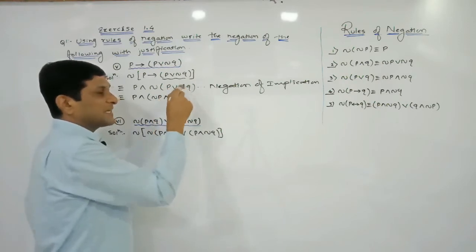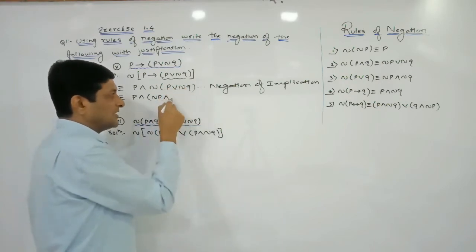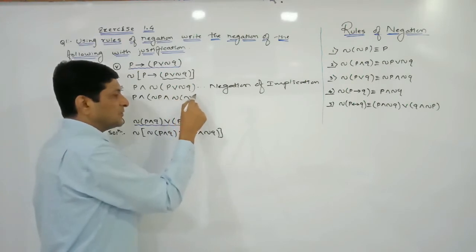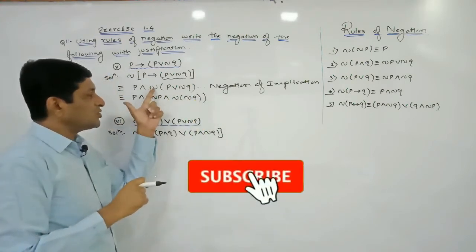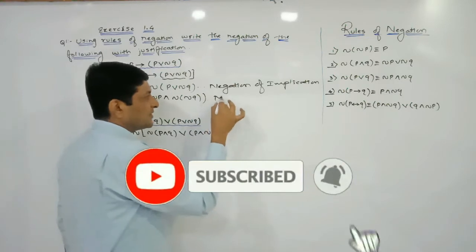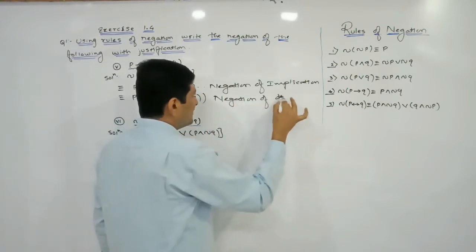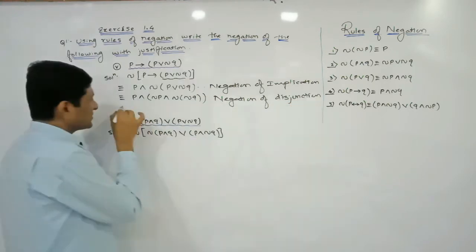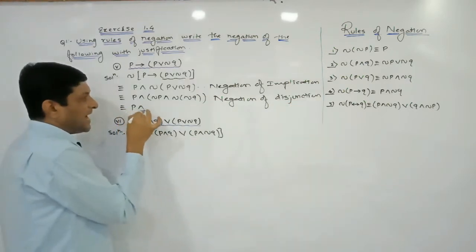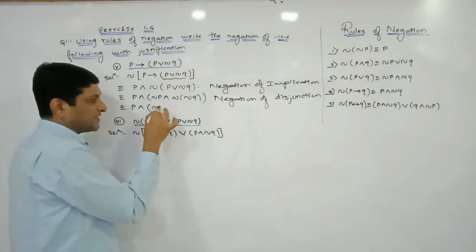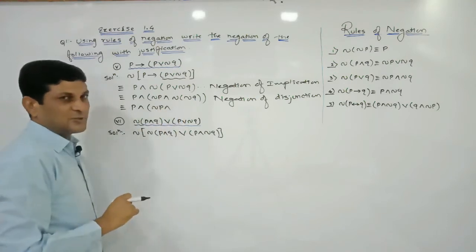"And", and replace the second letter also by its negation, means negation of negation Q. Here we have applied negation on "or", which is called disjunction, means we are finding negation of disjunction. So lastly, P "and" keep it as it is. Here in this bracket, negation P also as it is and "and" also as it is.